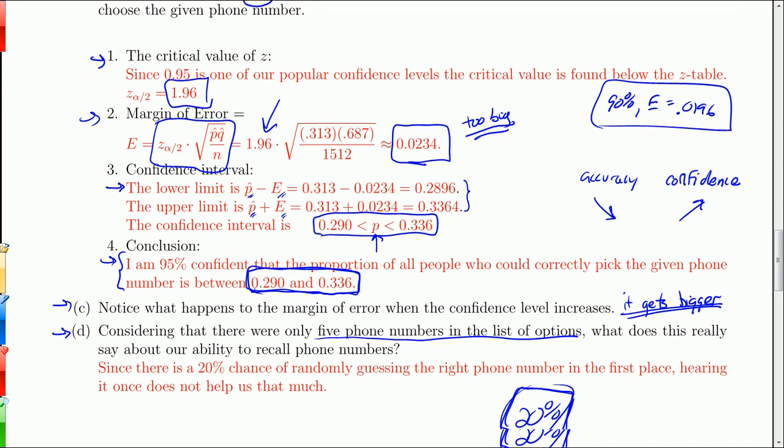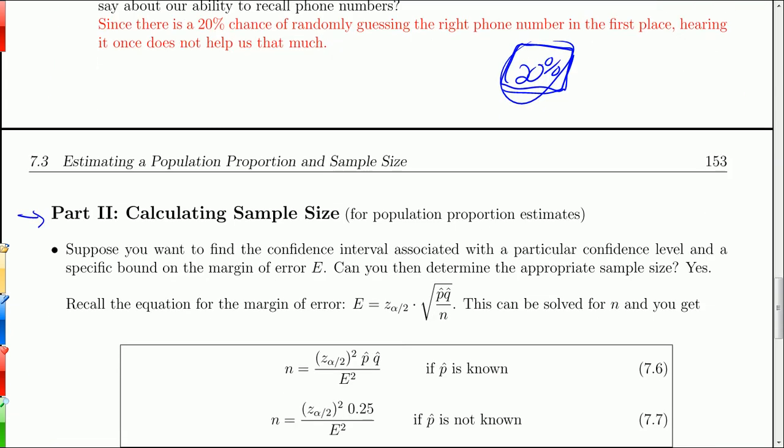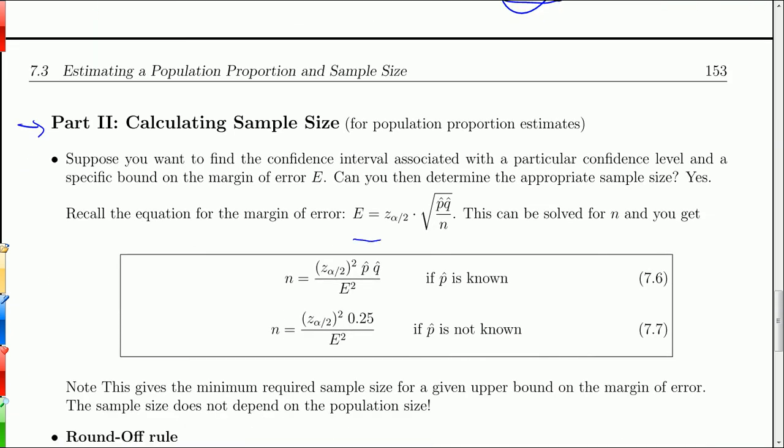And we can answer that question by going back to the formula for the margin of error for our population proportion. And notice that our sample size is sitting over here. So if we solve that equation for n, we get equation 7.6. And the problem is, if we haven't conducted the study yet, we won't know p hat and q hat.